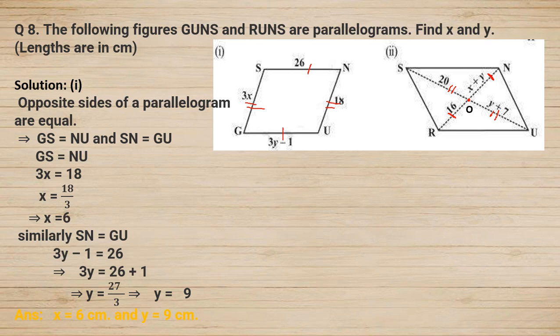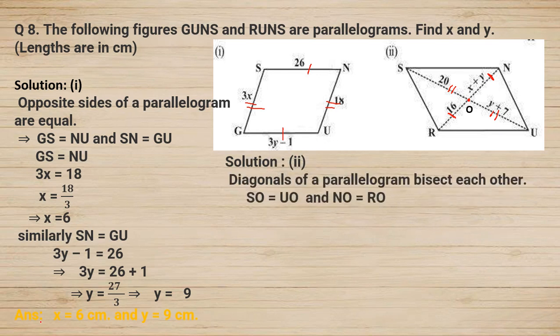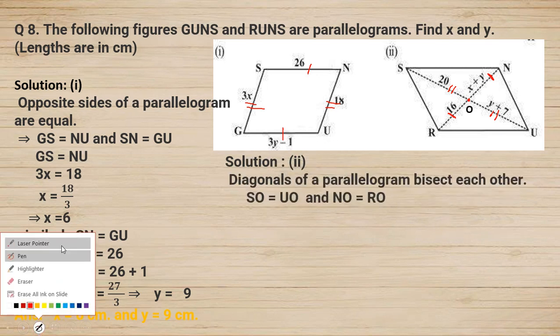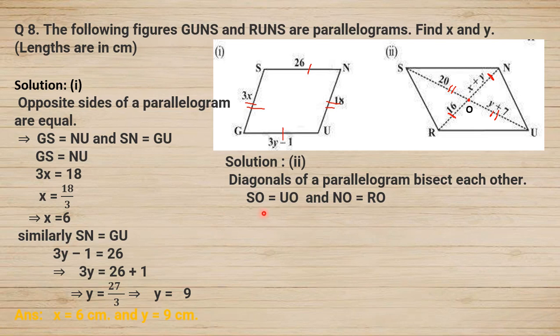So the diagonals of a parallelogram bisect each other. Using this property, easily we can solve. So let's start the solution. The diagonals of a parallelogram bisect each other. So we write SO and UO are both equal, and also for the second diagonal RN, we have NO and RO equal. Taking both the diagonals separately and by putting the values, we get the unknown variables x and y.